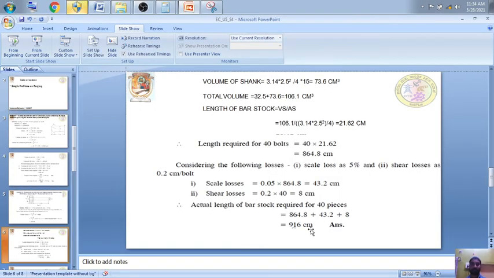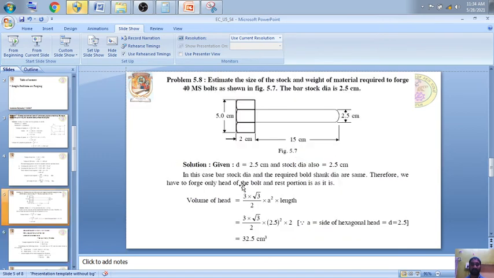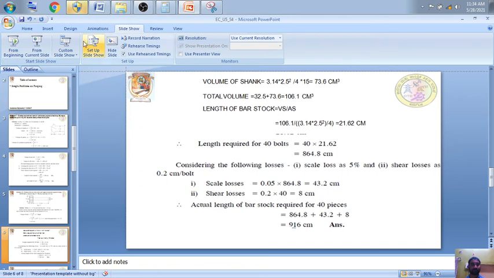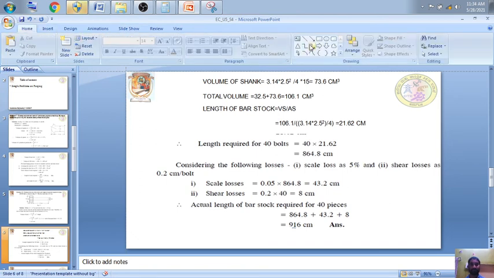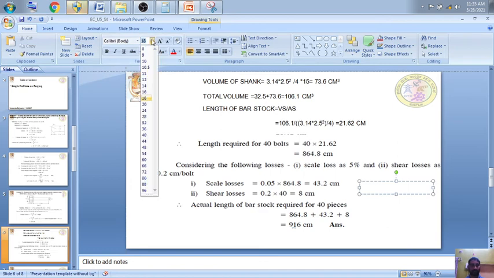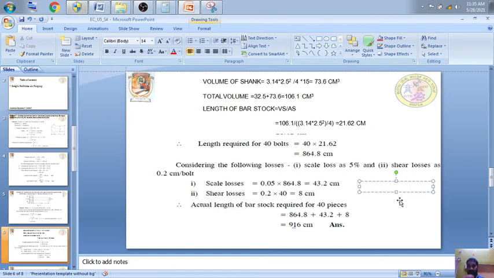This is the actual length of the bar stock required, and the diameter of the bar stock is 2.5 centimeter. The weight required, W, equals volume multiplied by density.